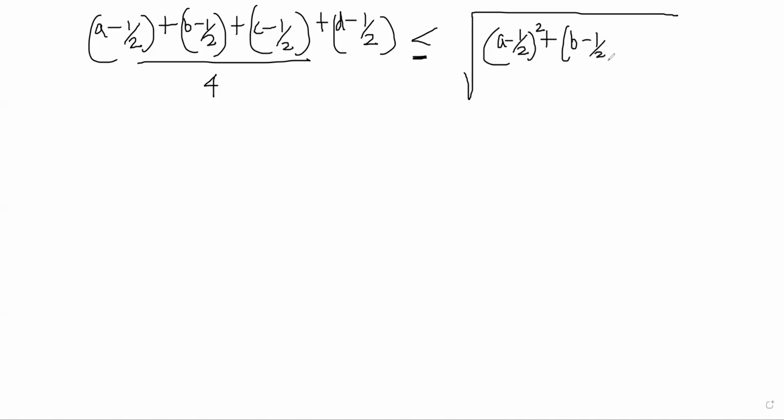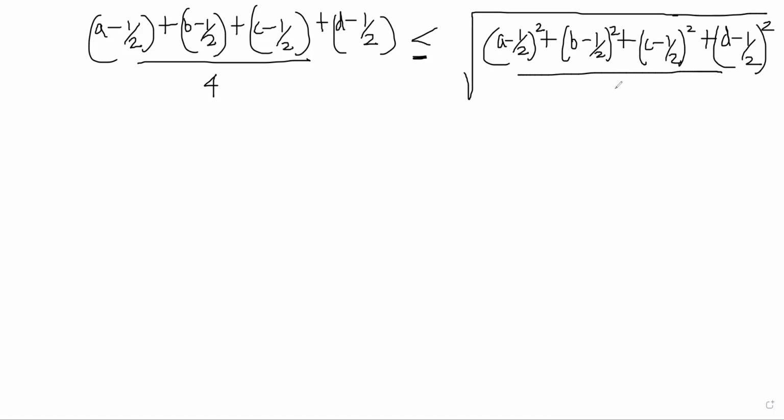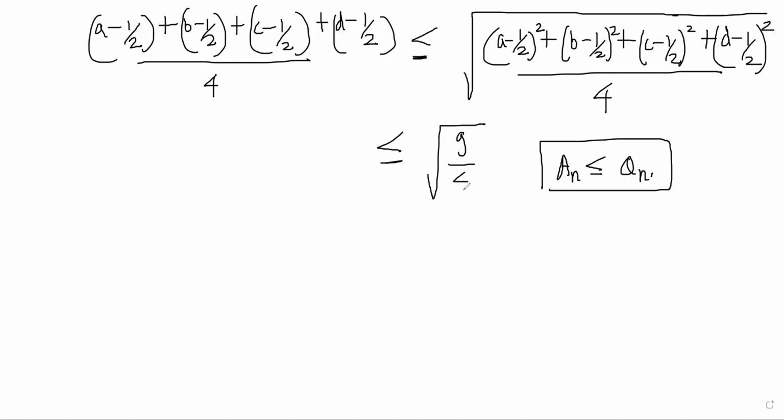Power mean is the sum of the squares, mean of that, and root of that. So here in this step, what I am writing is AM is less than or equal to QM for these quantities. So from here, this quantity is less than root over 9 by 4, which is equal to 3 by 2, right? So the top part, a plus b plus c plus d minus 2, divided by 4 is less than or equal to 3 by 2.